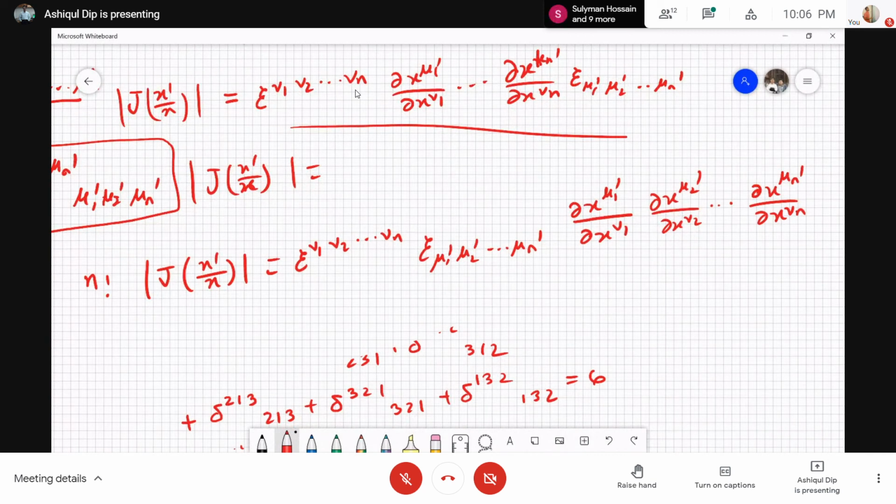We are sure about this result, so we can divide both sides by n factorial as well. Actually, for now just leave it there.